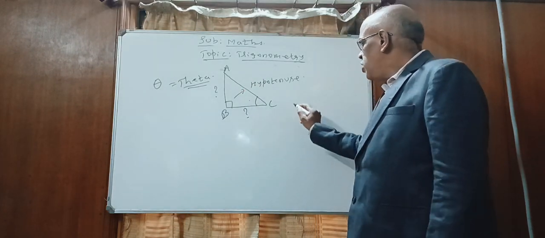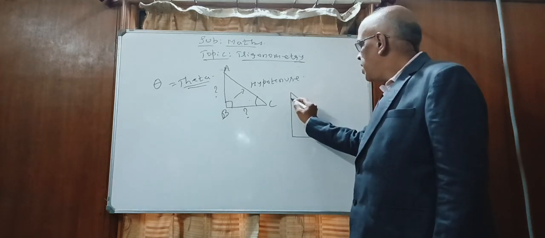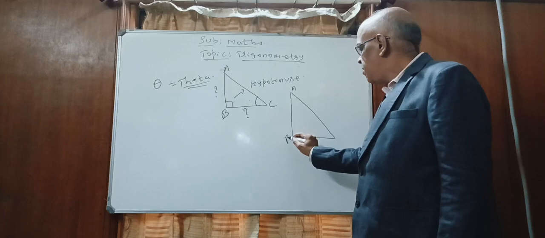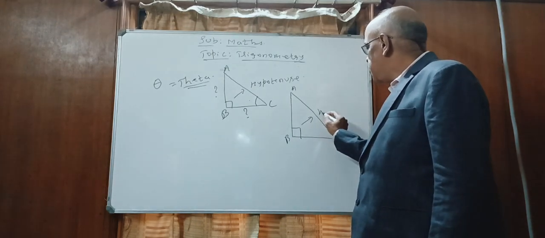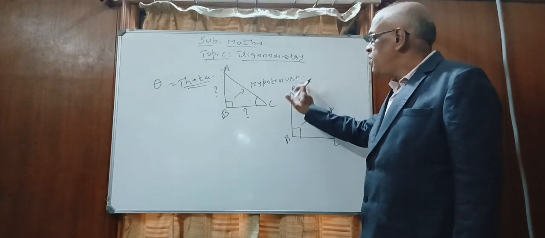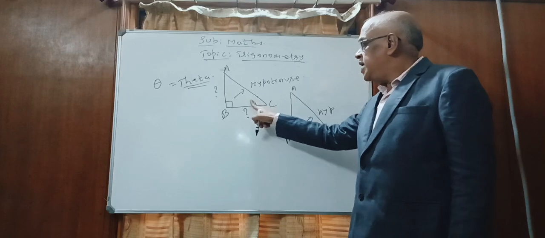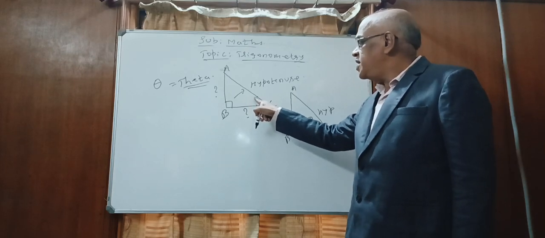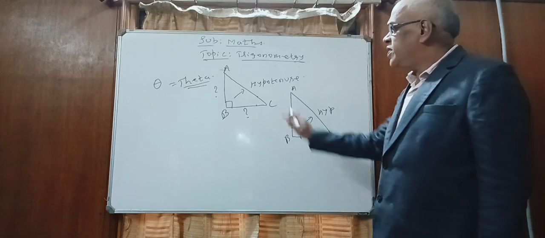Now, I will draw one more diagram here. Same triangle, right angle at B. Which is the hypotenuse? As I said, the side opposite to right angle B is the hypotenuse. Now, which is the opposite side? I put a question mark. Now, either A or C can be theta. There are three sides. One is the hypotenuse.